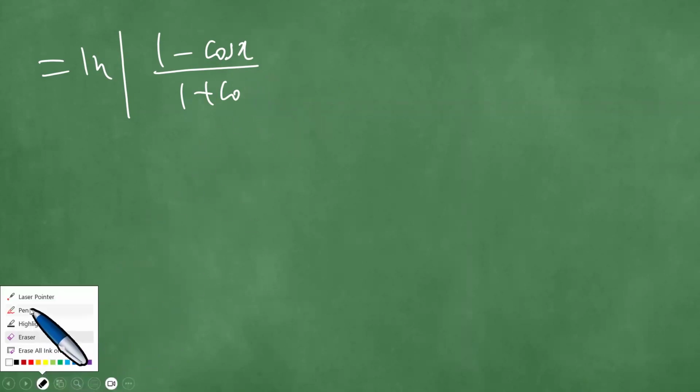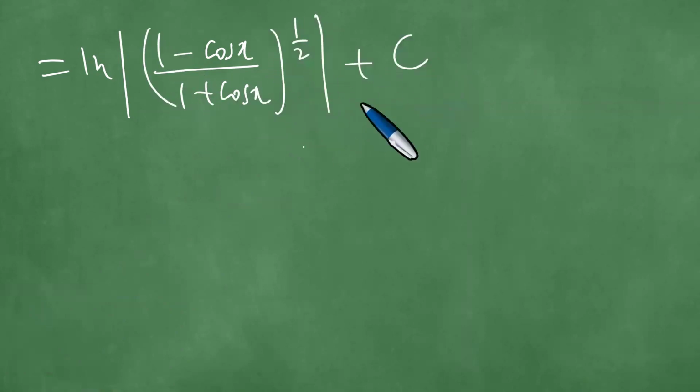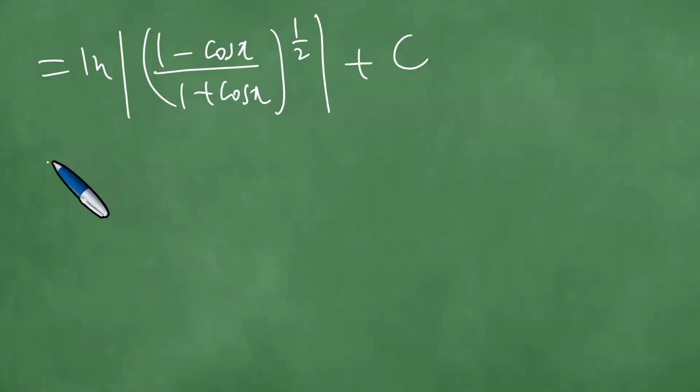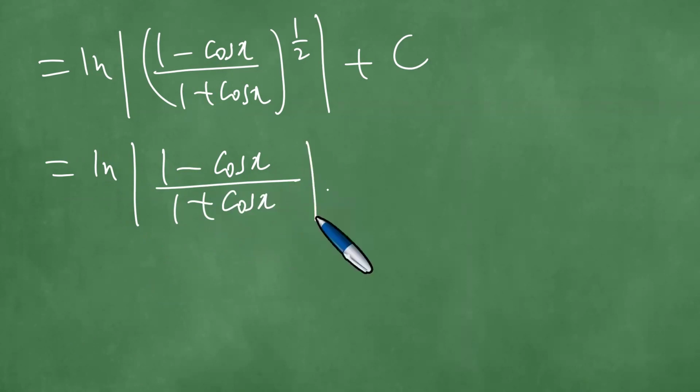Right, so it's 1 plus cosine x, like so. Okay, so we took the common power 1/2, getting exactly this, which is 1 minus cosine x divided by 1 plus cosine x. And you can pull out the power 1/2 plus c.